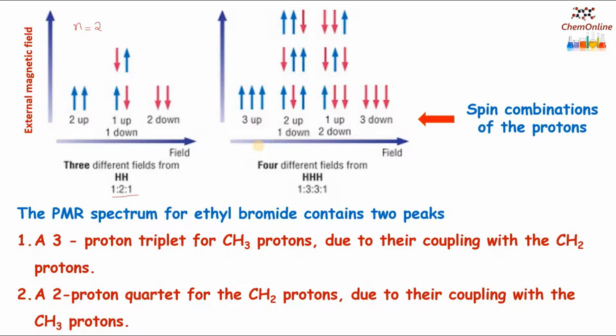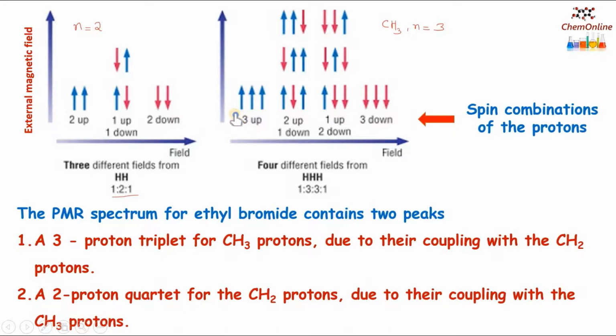So the signal due to CH2 protons will be affected by the number of neighbouring protons, and the neighbour of CH2 is CH3, so N equals 3. So we have 3 protons. The spins of these 3 protons will be arranged in this fashion.